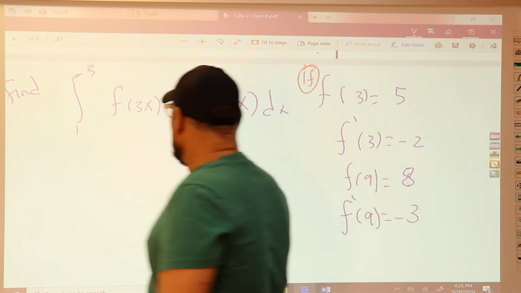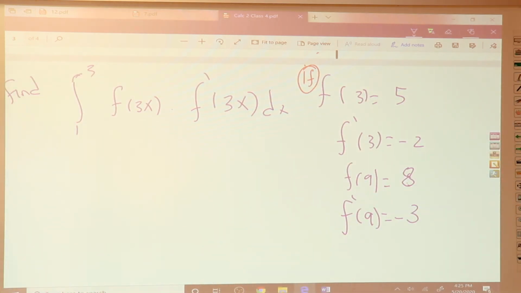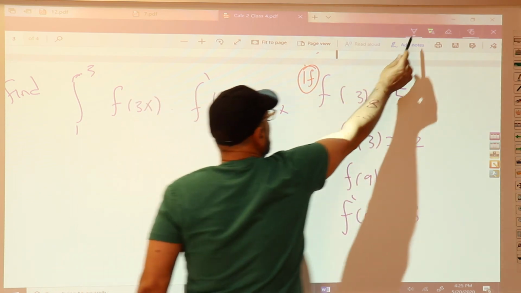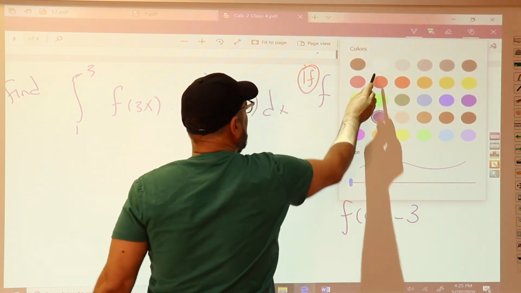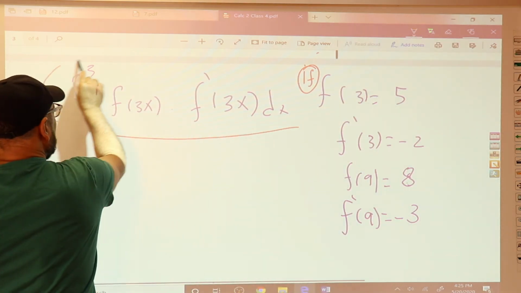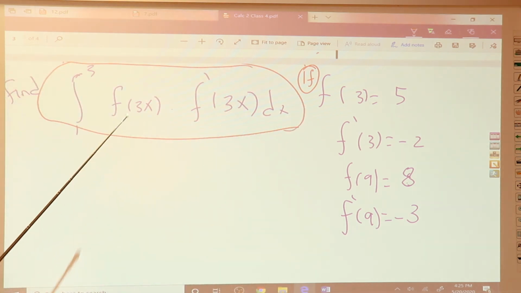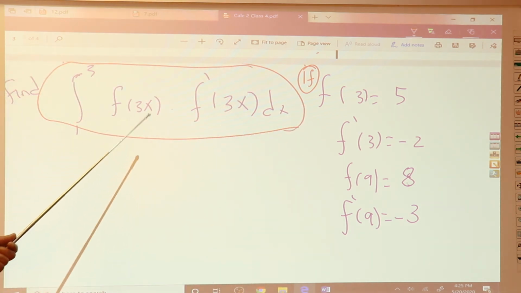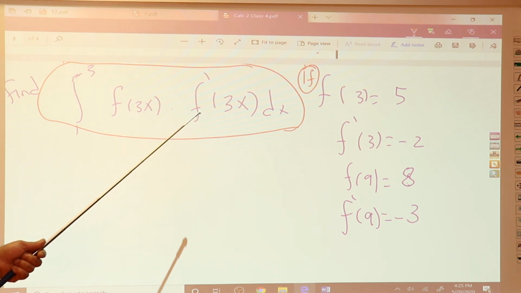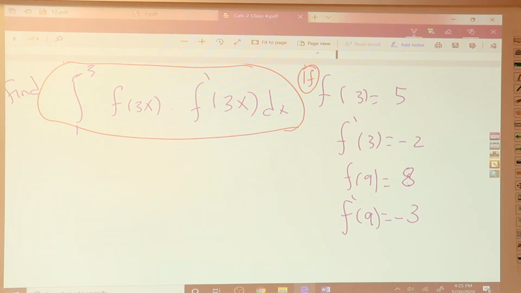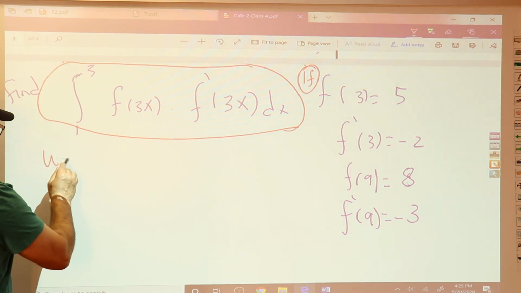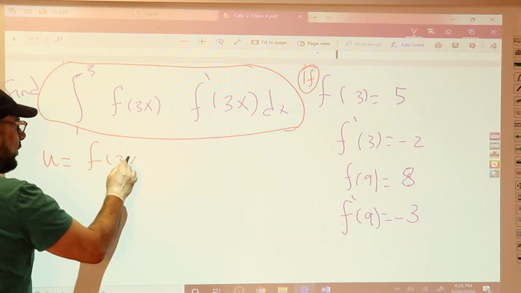Okay. Now he wants me to evaluate this integration from 1 to 3, right? f of 3x times f prime of 3x dx. That's simple. This substitution, u equals f of 3x.